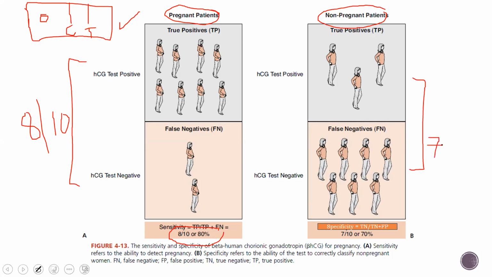Yung 3, they tested positive. So, therefore, ang specificity natin ay 70%. Ang tawag sa mga nag-test positive ay false positive kasi hindi naman talaga sila buntis. So, the sensitivity is 80% and the specificity is 70%. Yun yung gusto niyang sabihin.